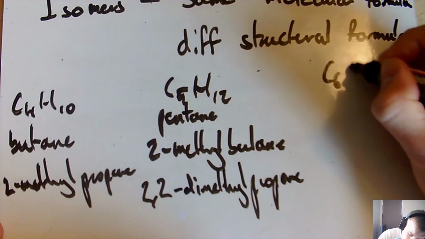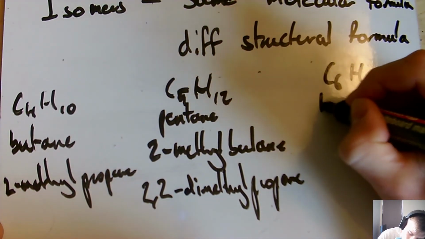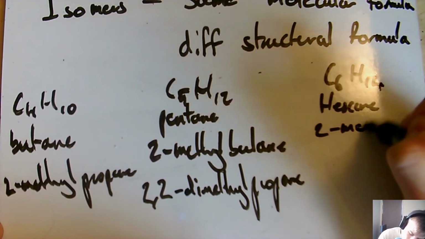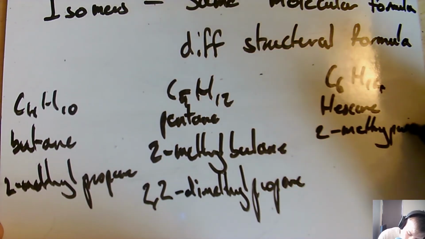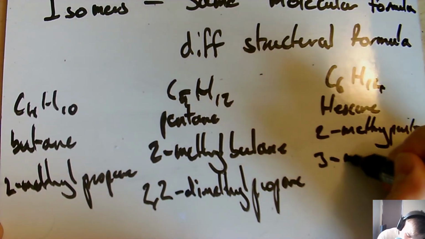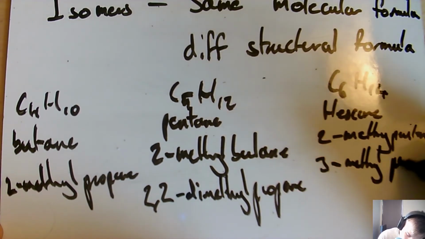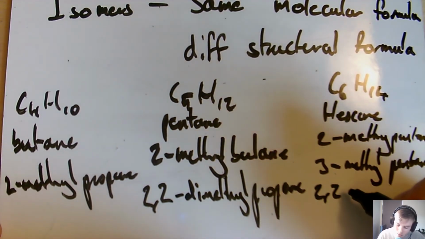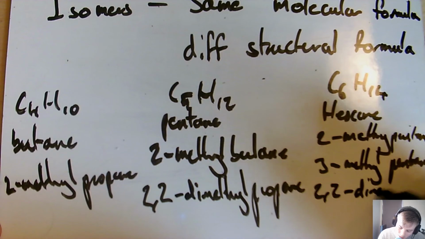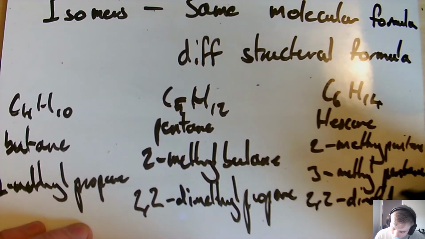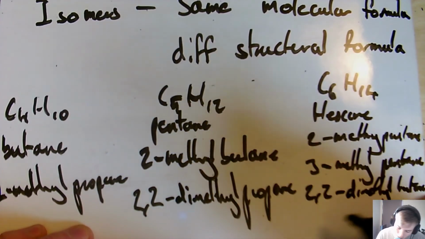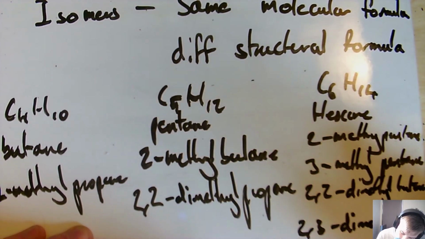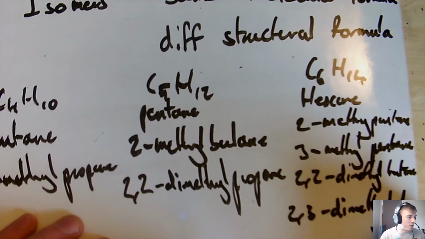And if I just do C6H14, I've got hexane, 2-methylpentane, 3-methylpentane, and 2,2-dimethylbutane, and 2,3-dimethylbutane. Apologies for that being a bit messy.